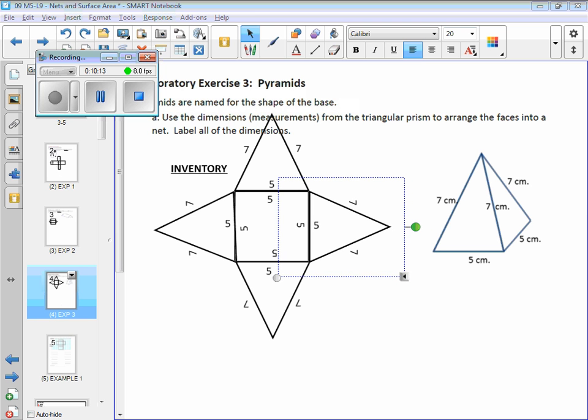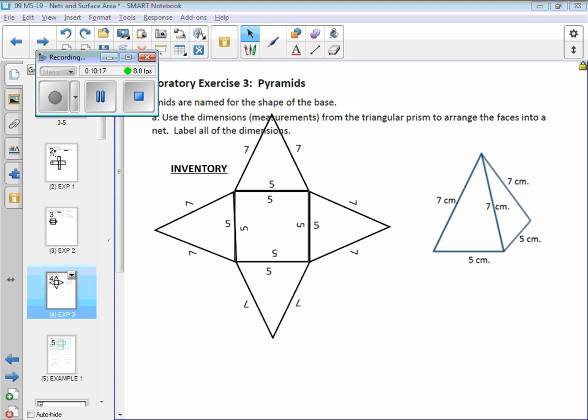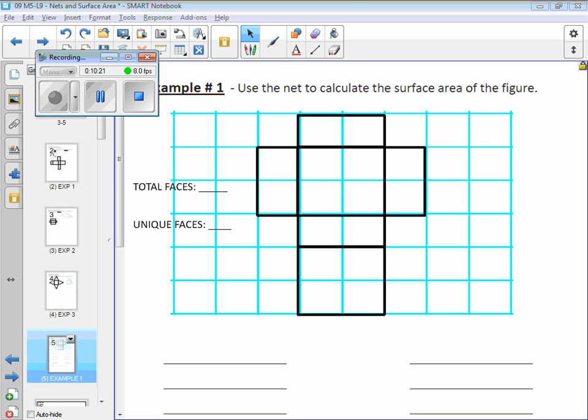How'd you do? Okay. Okay, let's do total faces first. How many total faces? By the way, what shape is that?